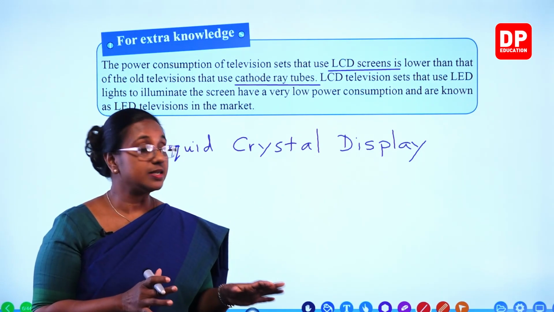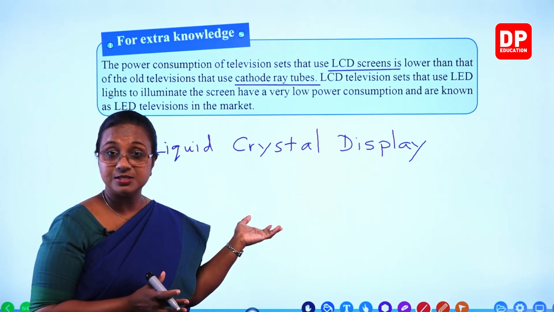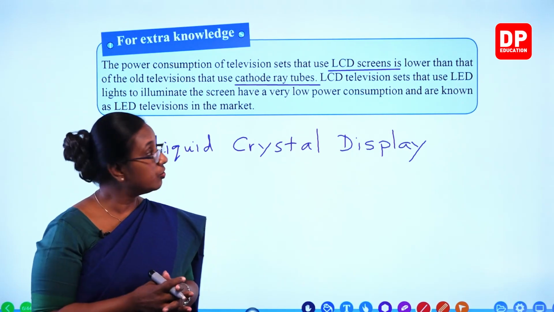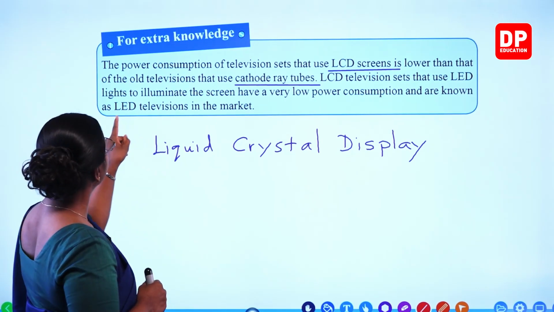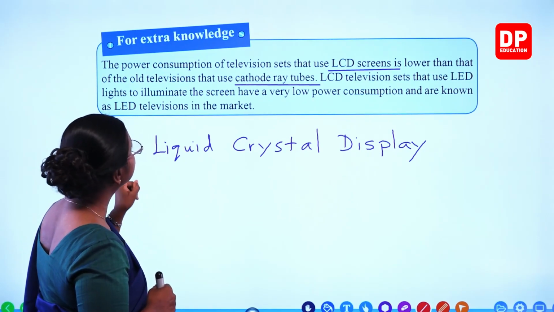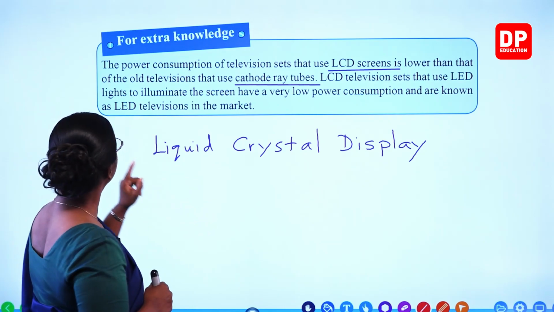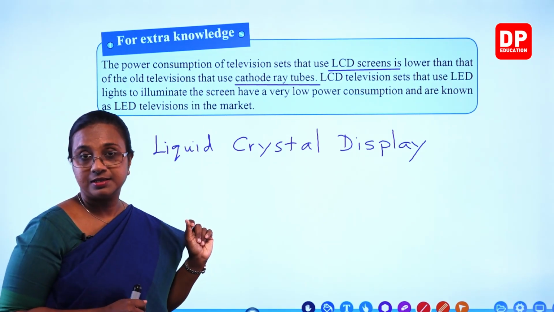The modern ones which use a liquid crystal display, the LCD display, consume less energy. So, it's more efficient. LCD television sets that use LED lights to illuminate the screen have a very low power consumption and are known as LED televisions in the market.